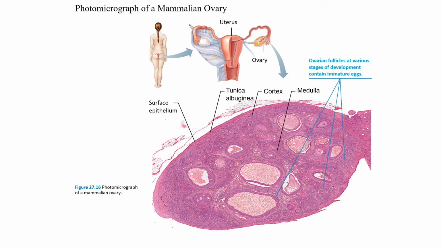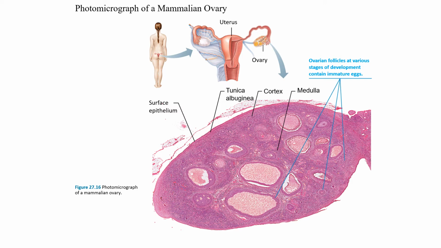When we look at the ovary, and the mammalian ovaries are extremely similar, there's an outer covering, a surface epithelium. All of the follicles are going to be in the cortex, and in the medulla, we're going to find the blood supply, the lymph vesicles, etc. And this picture shows you follicles at different stages of development, and we'll talk about that in a few minutes.